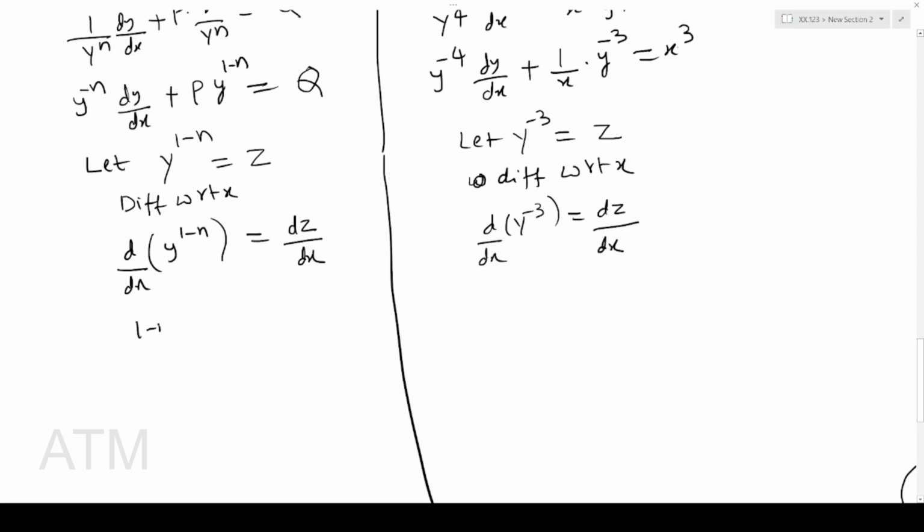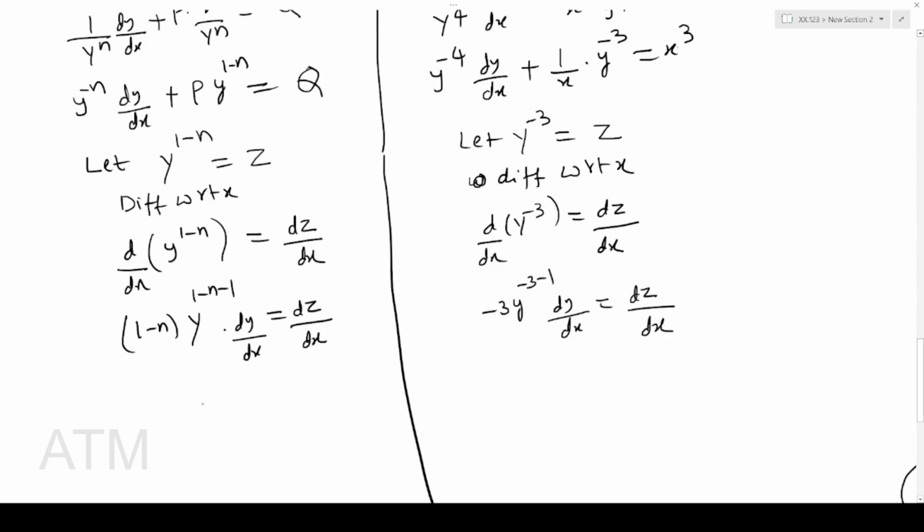Now this is equivalent to (1 minus n) y raised to 1 minus n minus 1 into dy by dx equals dz by dx. So here, minus 3 into y raised to minus 3 minus 1 dy by dx equals dz by dx. So this is (1 minus n) y raised to minus 1 plus 1, which cancels, y raised to minus n into dy by dx equals dz by dx.